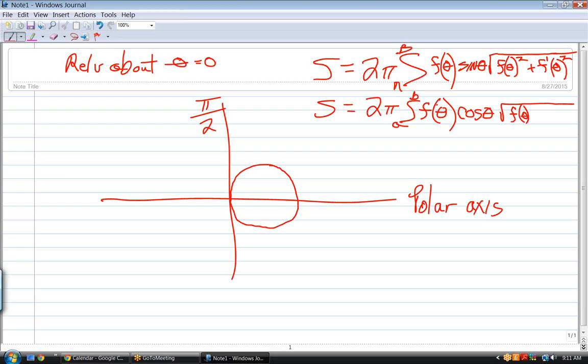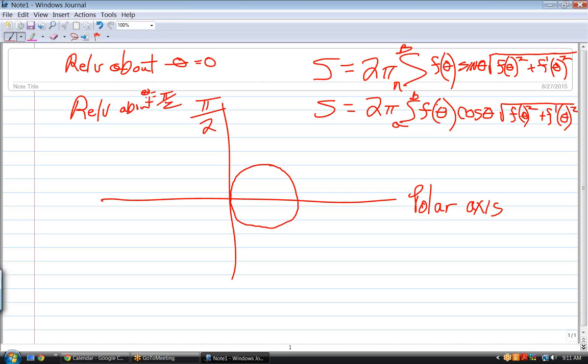Okay, so this is the pi over 2 axis? Yes. Okay. That's revolved about pi over 2. Theta equals pi over 2.